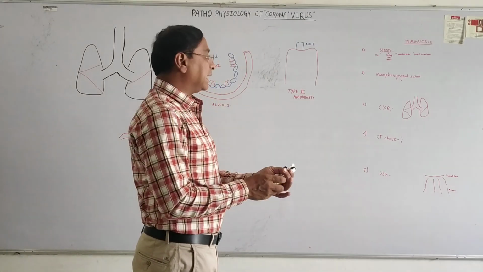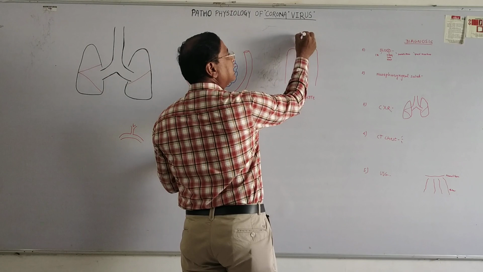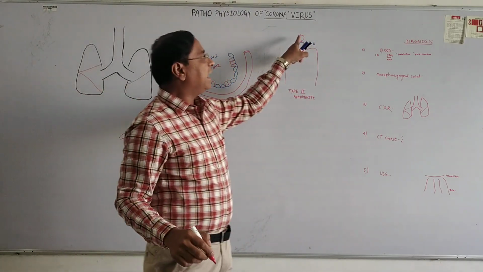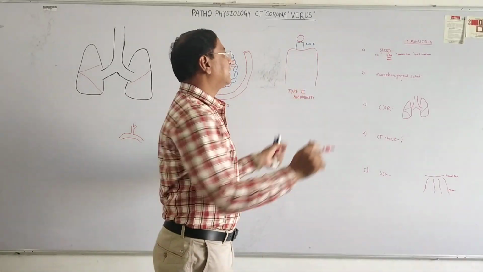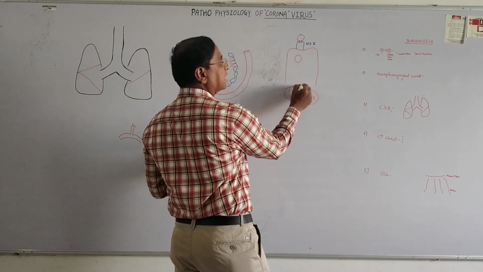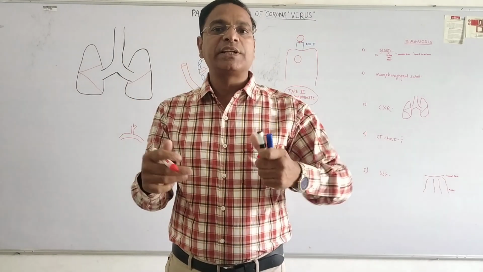Once the coronavirus enters the alveoli, it binds with it. You can see here this is the coronavirus, and the S spikes help it to bind. Once it binds with this cell, it enters inside the type 2 pneumocyte, and then it hijacks the machinery of the host cell.